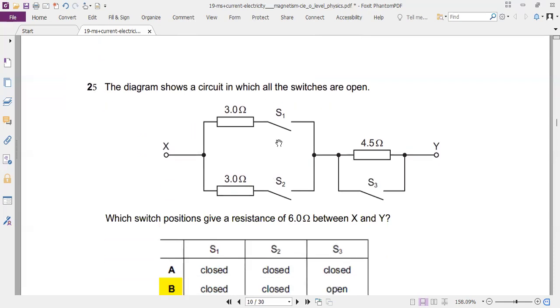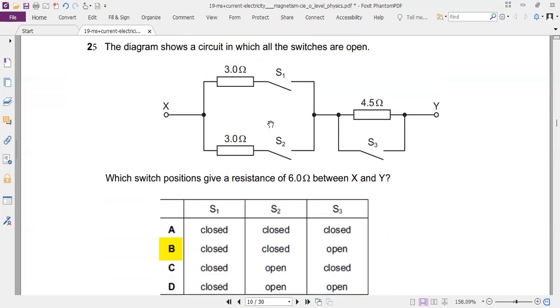25. A circuit is shown, 3 switches. Which switch gives a resistance of 6 ohms between X and Y? Wow, very nice question. So let's look at all the options before we see why it is option B. If you close S1, that means we have 3 and 4.5 in series.